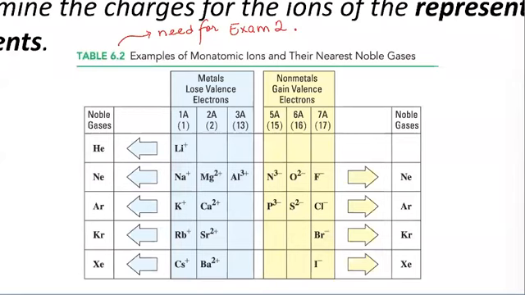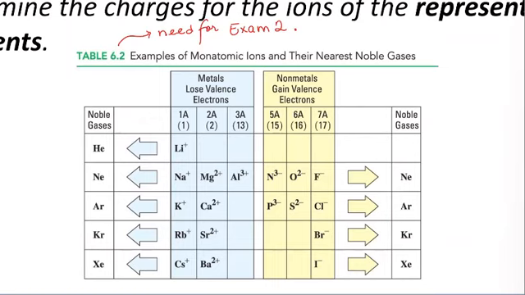group 1A, if we look at all of those elements that are shown there, lithium, sodium, potassium, rubidium, cesium, if you're in group 1A, you lose 1 valence electron and you become a +1 cation. Why do you do that? Because in the case of lithium, when it loses that valence electron, it looks like helium.